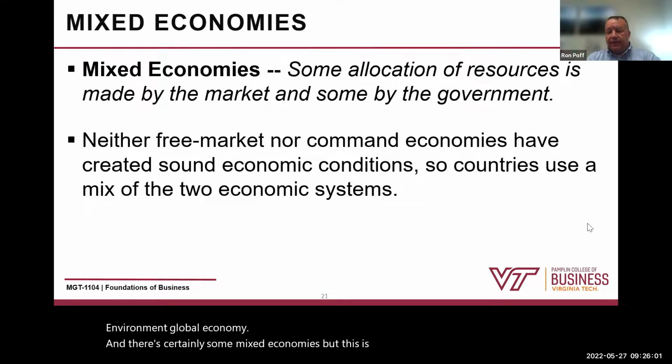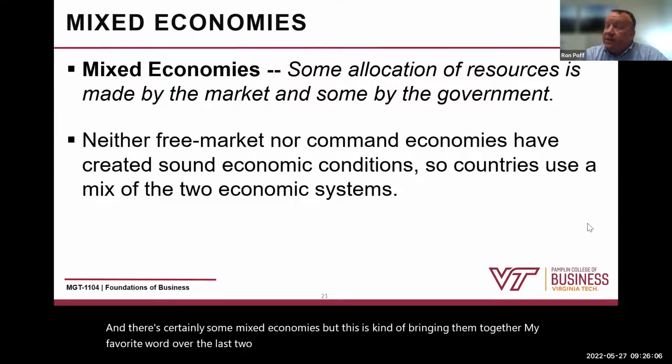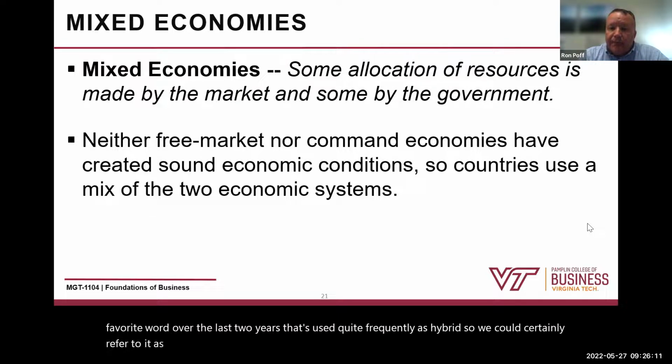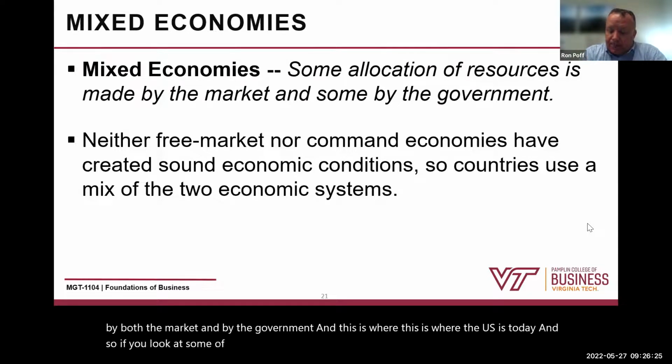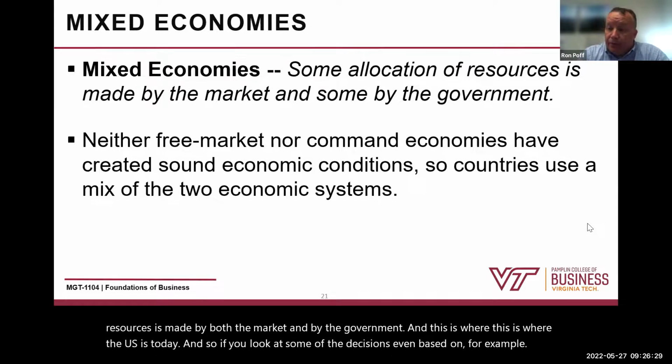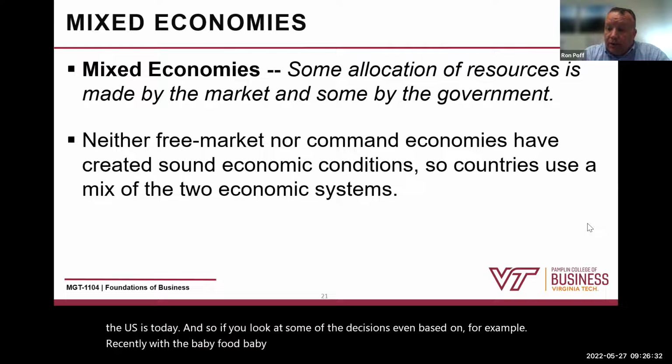And there are certainly some mixed economies. This is kind of bringing them together. My favorite word over the last 2 years, and it's used quite frequently, is hybrid. So we could certainly refer to it as a hybrid economy. This is where some allocation of the resources is made by the market and some by the government. This is where the U.S. is today. If you look at some of the decisions, for example, recently with baby formula, there have been executive orders to increase production.